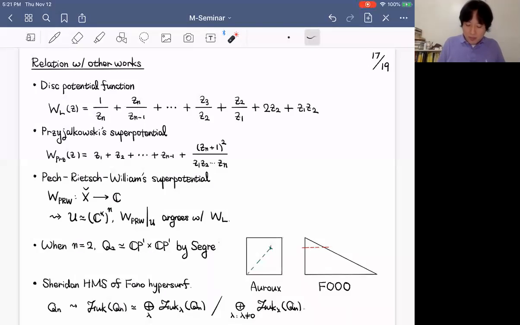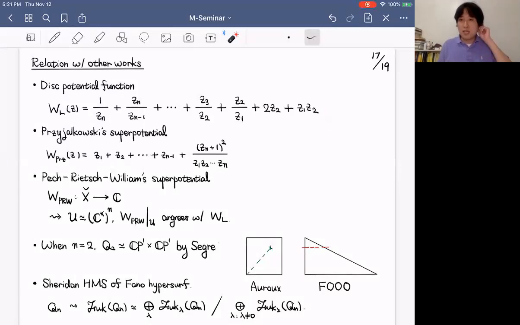Of course, their Lagrangians may be different from the Gelfand-Zetlin fiber, but they constructed their own Lagrangian using a different method, and they computed a potential function that agrees with this potential up to some coordinate change.